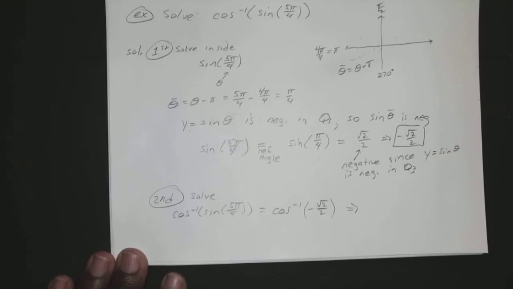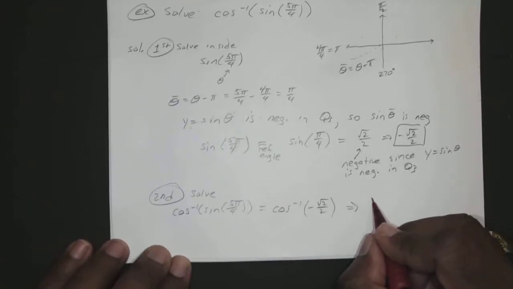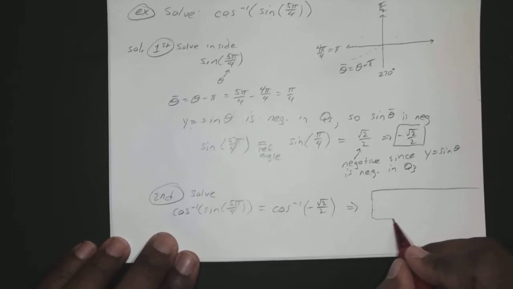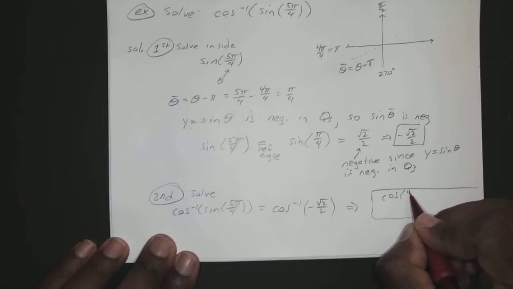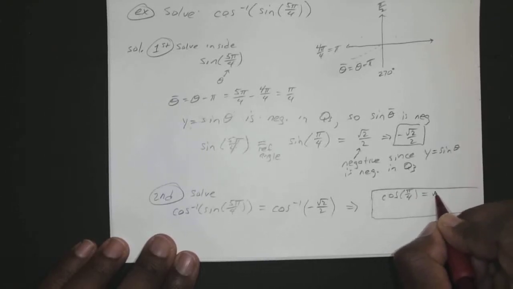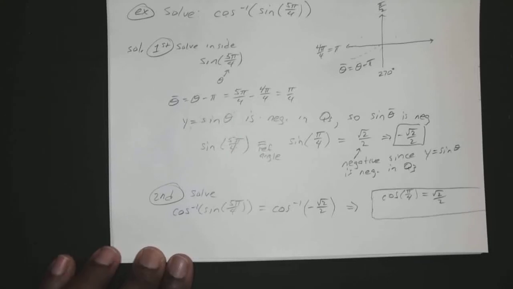All right, so from there, we know that cosine of pi over 4 equals square root of 2 over 2. We just have to figure out negative square root of 2 over 2.